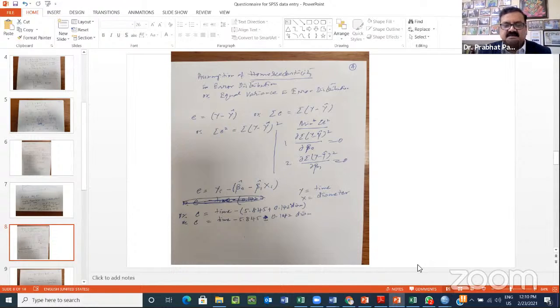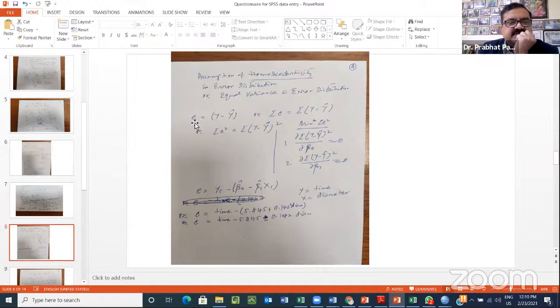Homoskedasticity means that the distribution of error and the variance of that distribution is equal, or the same, or constant over the distribution of your dependent variable, or the changing variable that you have taken into account.